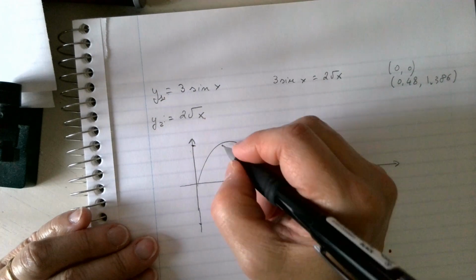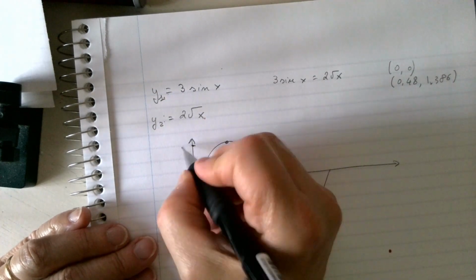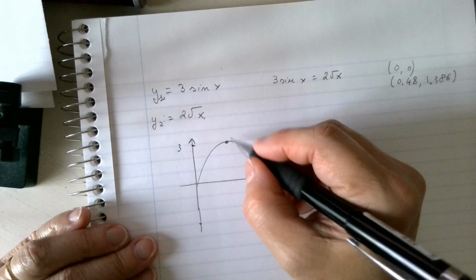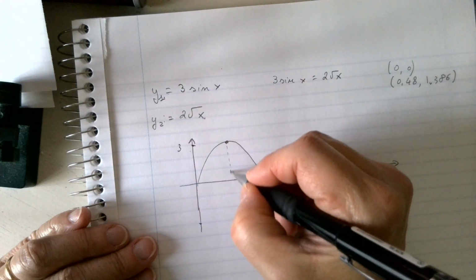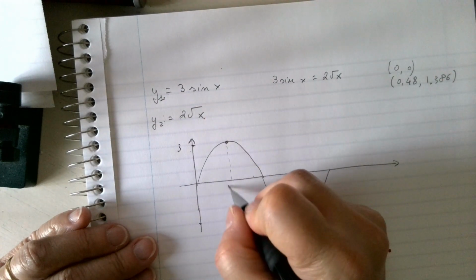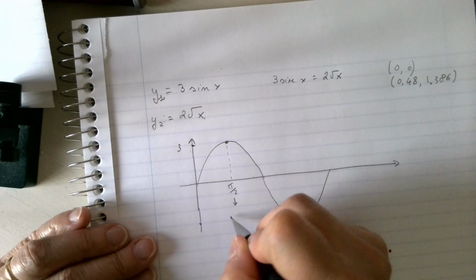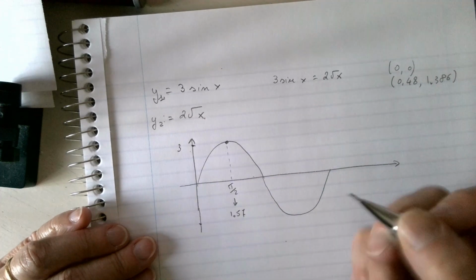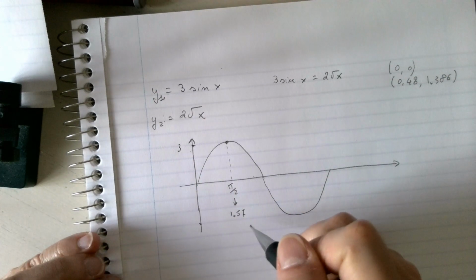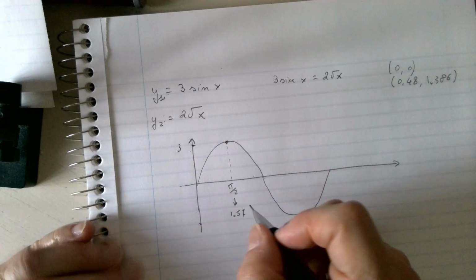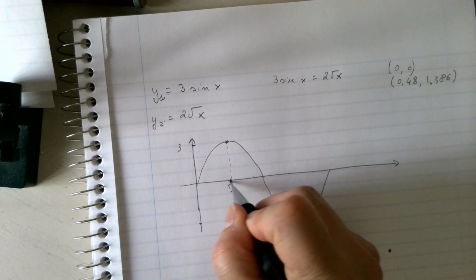Now in this scenario, obviously you know that this is 3, and you know that your sine maximizes at pi over 2. So if this is pi over 2, this means this is 1.57, right? So 3.14 over 2 means this number here. So you know what the x is.